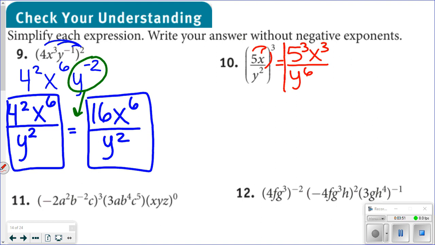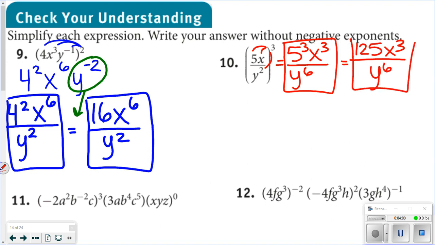And again, you can leave your answer like this, or take your calculator and type in 5 cubed. 5 cubed is 125 over y to the 6th power. Either answer is acceptable.